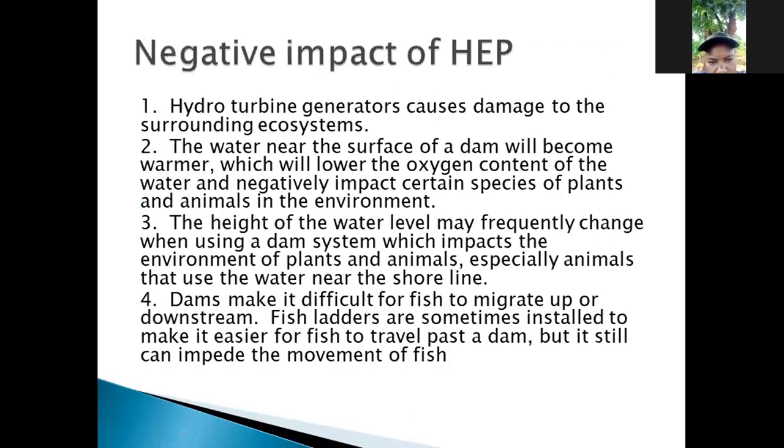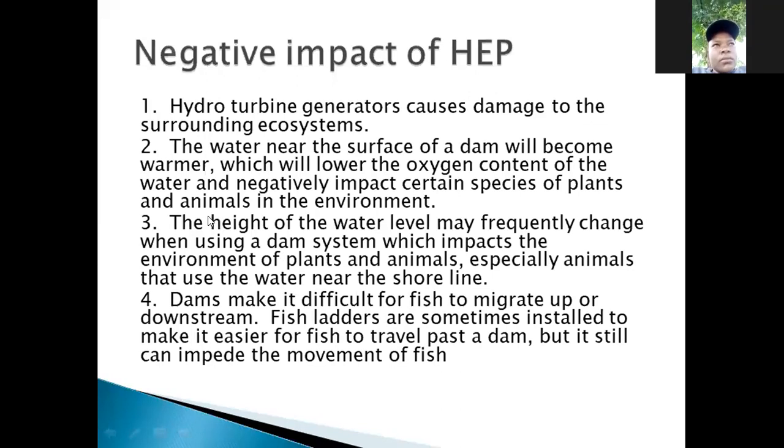The turbines usually generate a lot of noise, and that noise pollution can damage the surrounding ecosystems. The water near the surface of the dam can become warmer, which will lower the oxygen content of the water and negatively impact certain species of plants and animals in the environment.